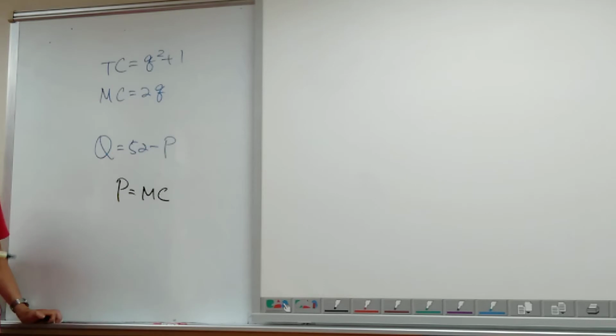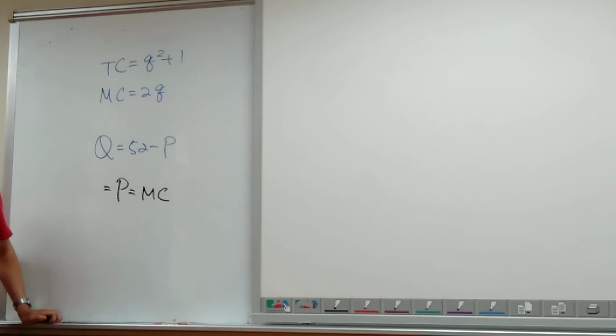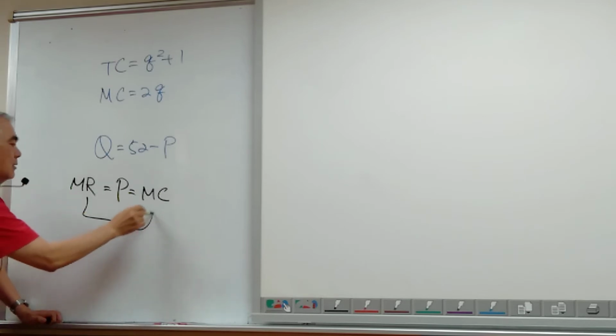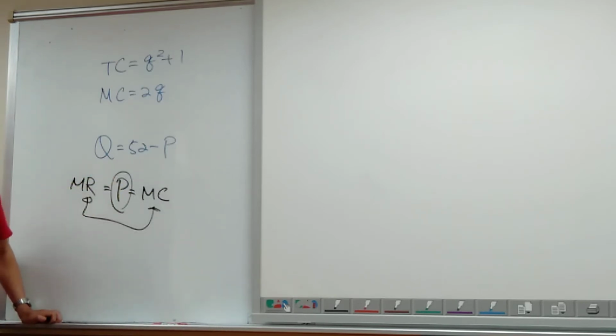And actually, the price here for a competitive firm is also its marginal revenue. But for a monopolist, one producer, it is marginal cost equal to marginal revenue, because for a monopolist, the price is not equal to marginal revenue.